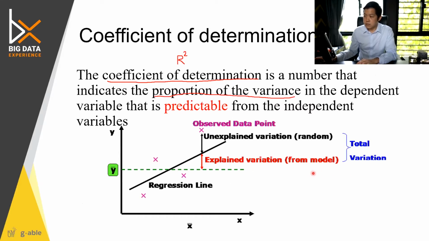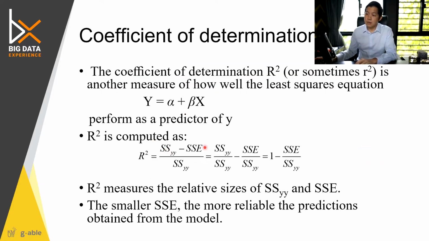In this picture, sum square yy would be the total variation, and sum square error is the black part here. If we take the blue part minus the black part, we get the red part, and then this red part divided by the blue part, the sum square yy, gives the proportion of explainable variance, the red divided by the blue.